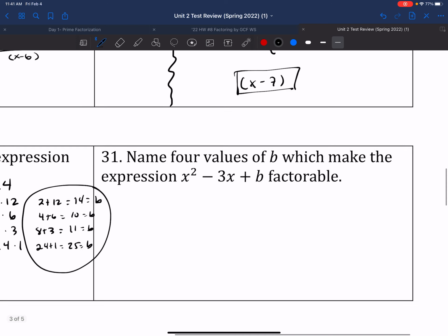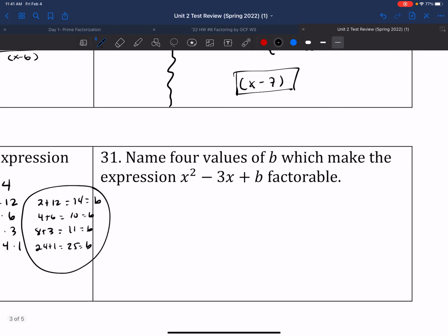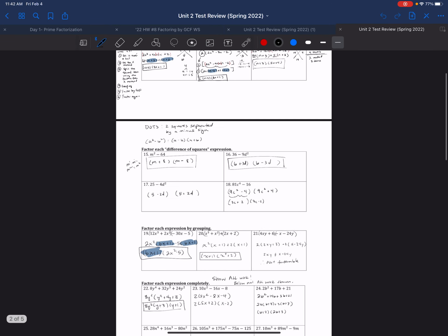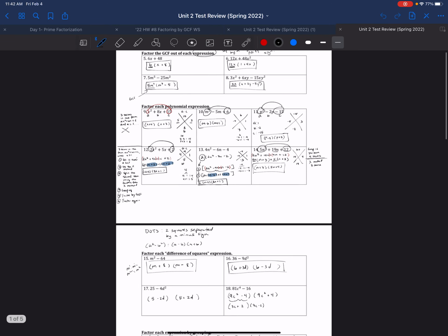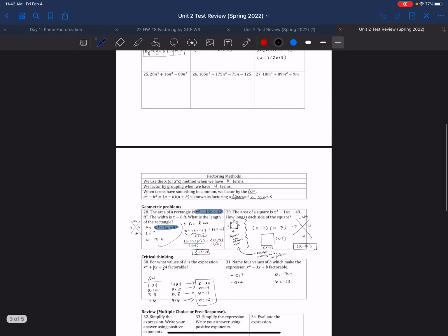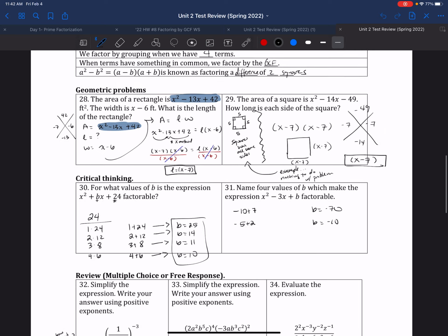Okay. Name 4 values of b which make the expression x squared minus 3x plus b factorable. So let me go back to, I was trying to make a key, but let's see, where is it? This right here.